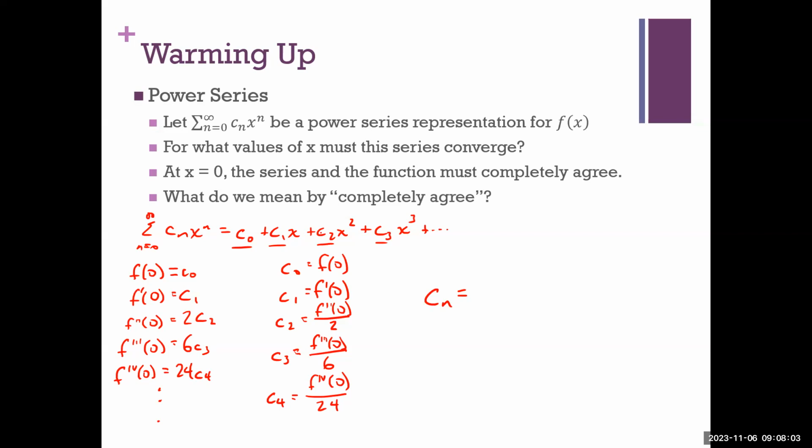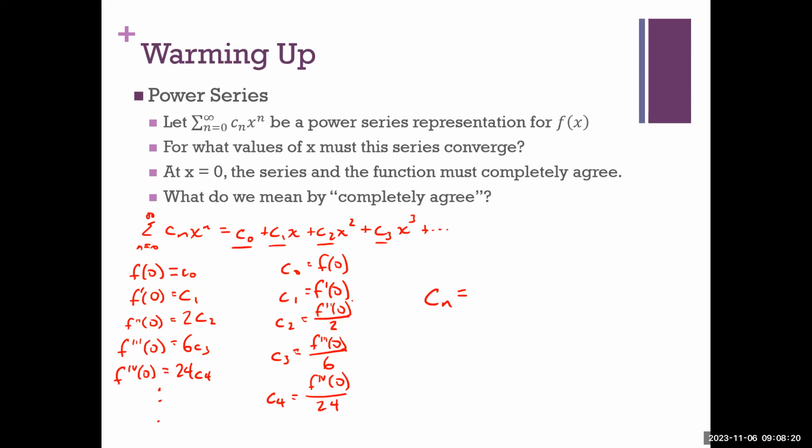So f of 0, f prime of 0, f double prime. What am I doing with those? These are all based on f, but they're not all f. What am I doing with these functions here?